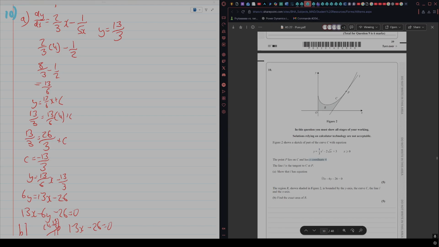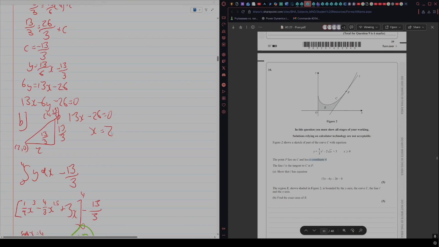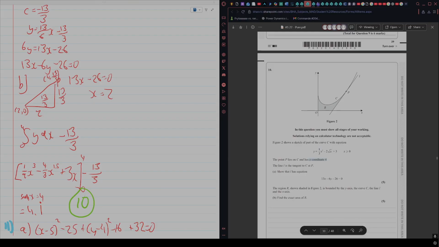Then you use this line to find this area with integration. So what I did is that I used this triangle here, where this is P, this is 2, 0, which is where the line intersects the x-axis. And then down here is just the points. Then I found the area of this triangle: the y-coordinate of P is 13/3, so this length down here is just 13/3.